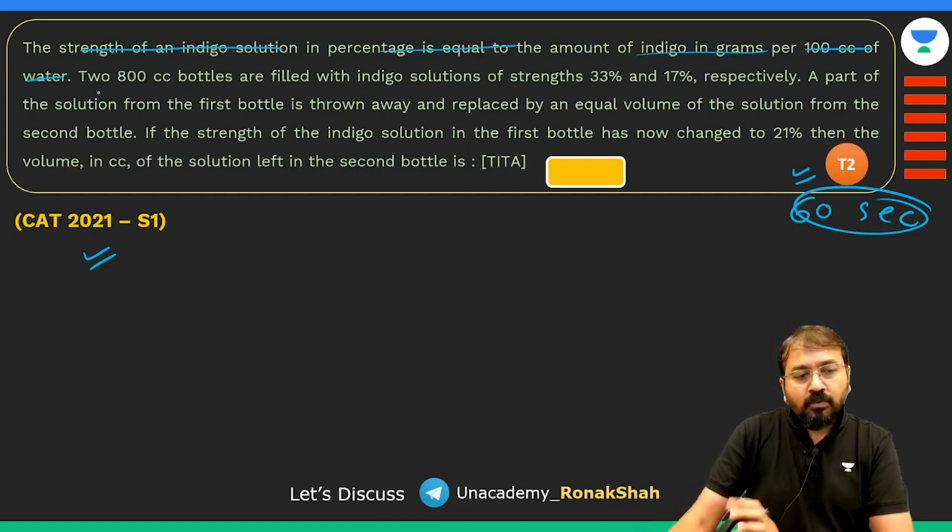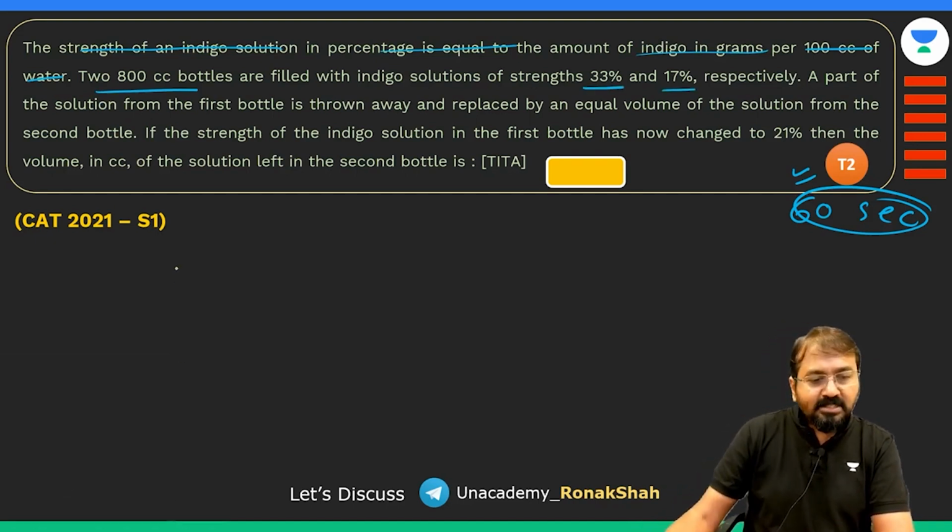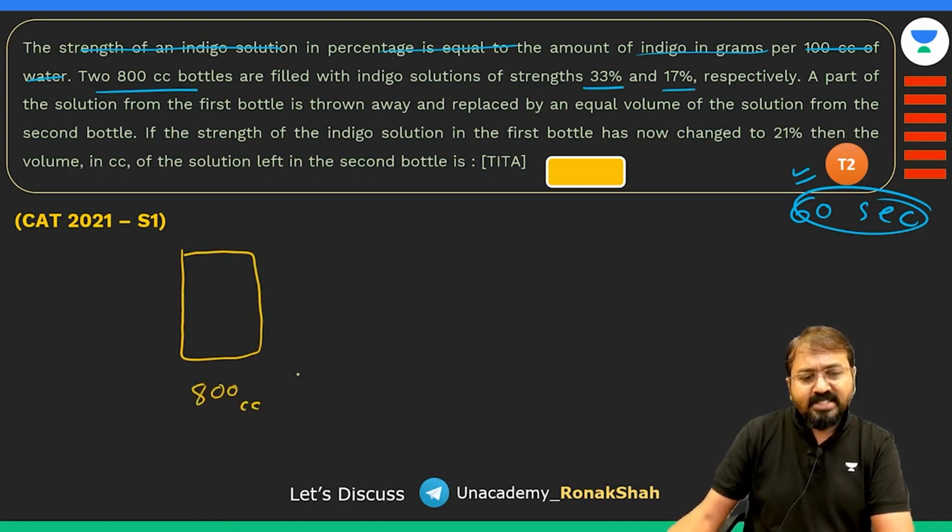Now the question says that two 800 cc bottles are filled with indigo solution of strength 33% and 17%. Let me just depict the solution. We have two bottles of 800 cc, or you can say 800 ml, whatever you want to understand. It's a volume.